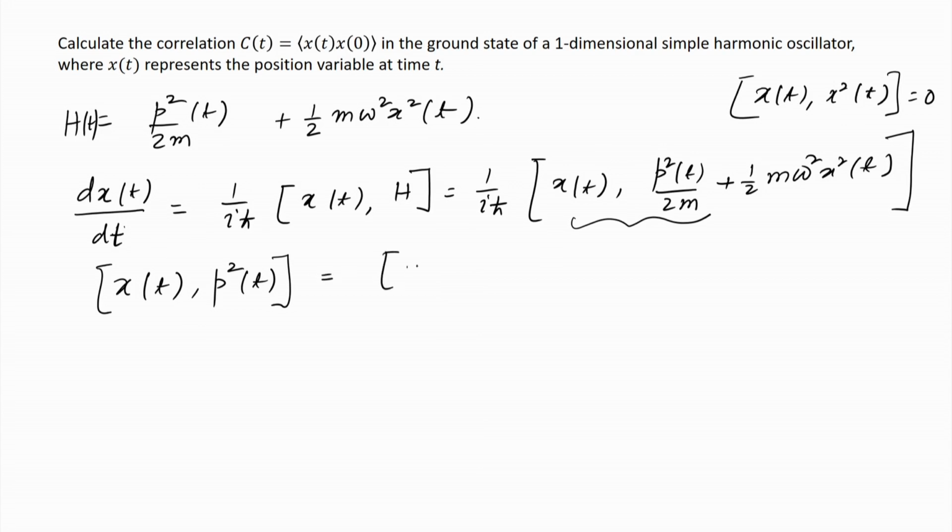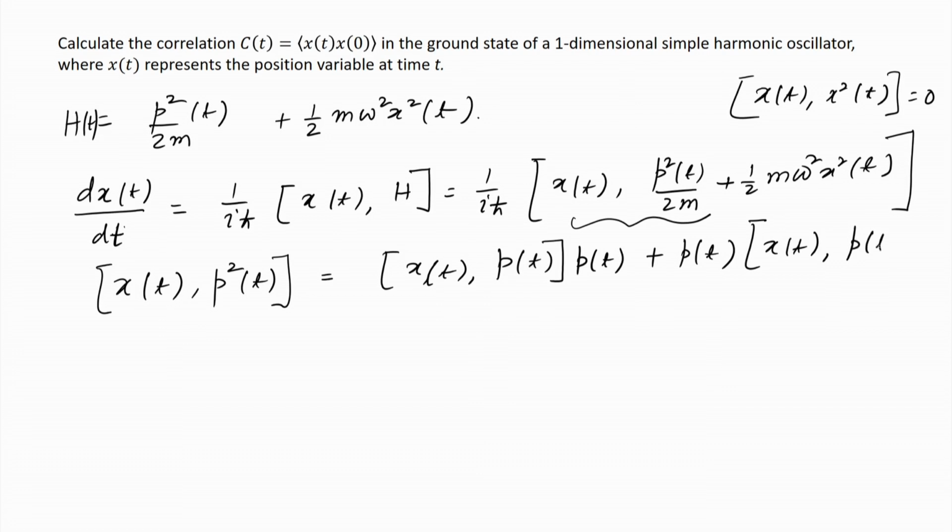So, this is equal to x(t)p(t) and p(t) plus p(t)x(t)p(t). Okay. So, this is equal to, of course, now xp is equal to iħ. So, this is equal to iħ and so on for all t.